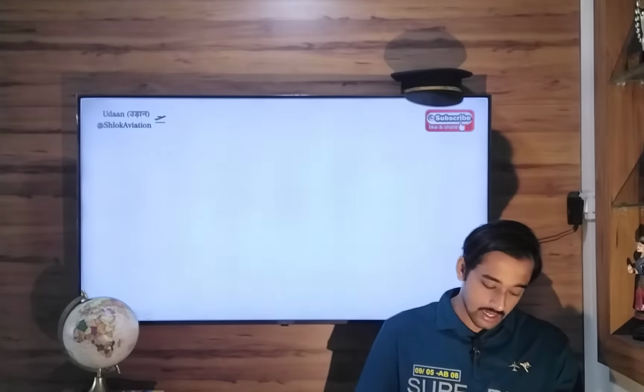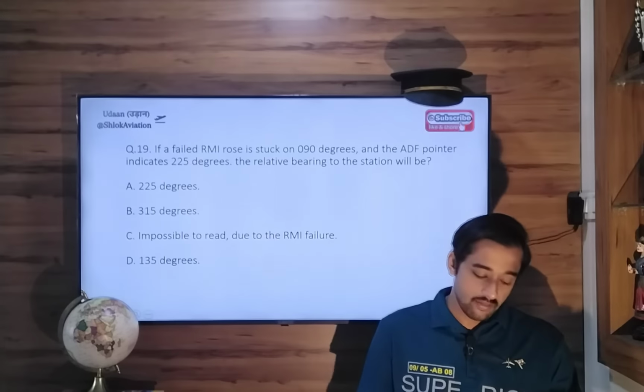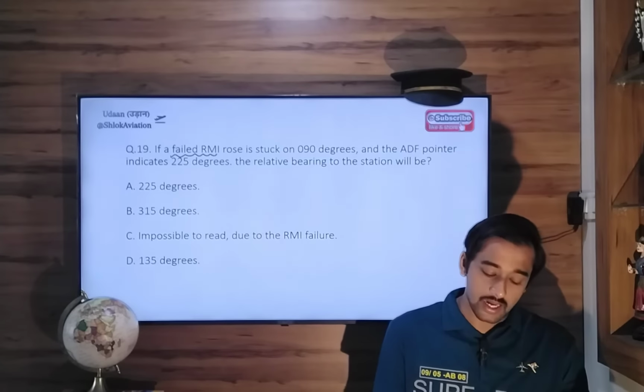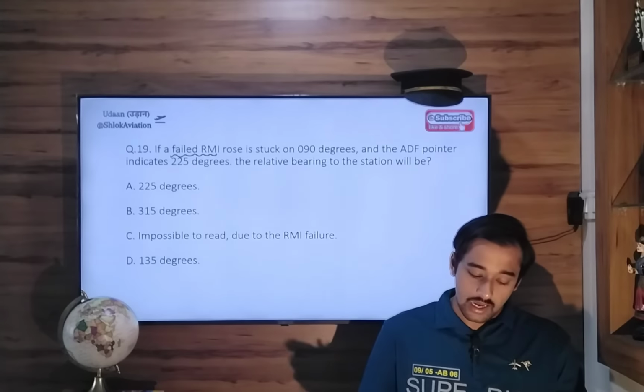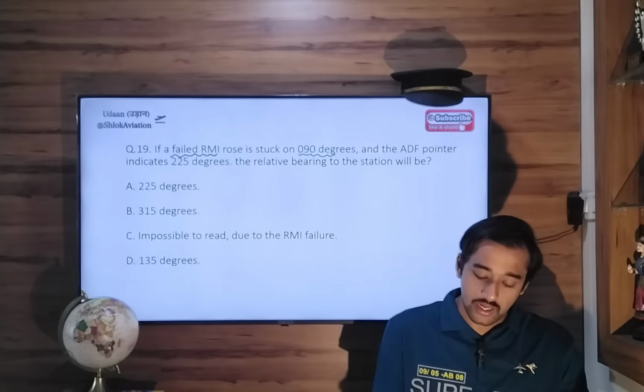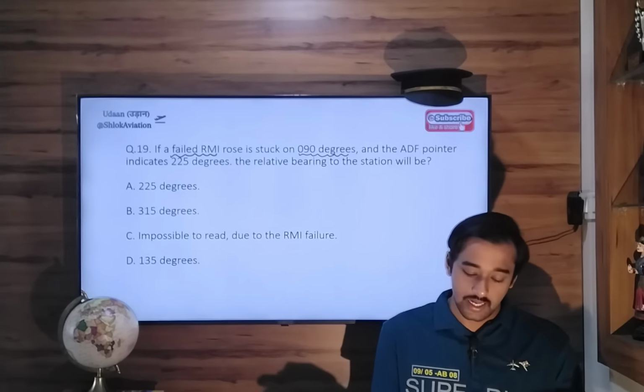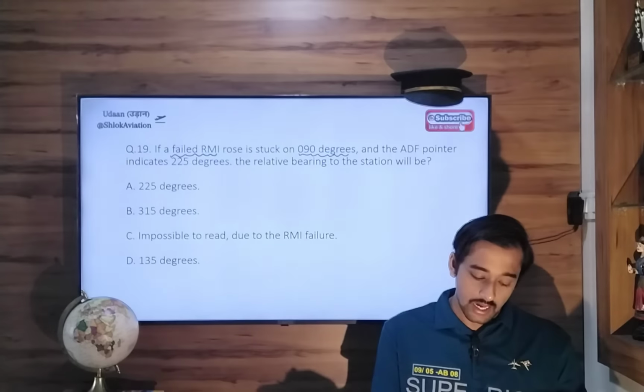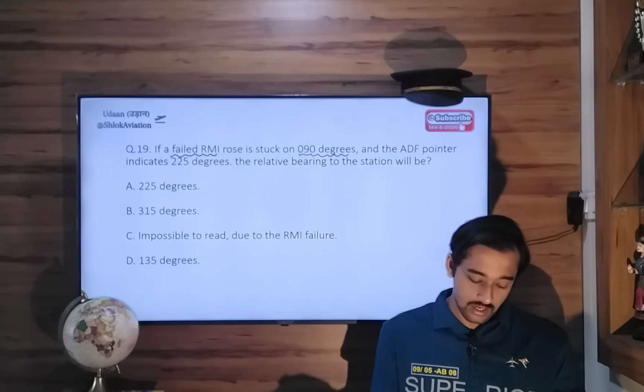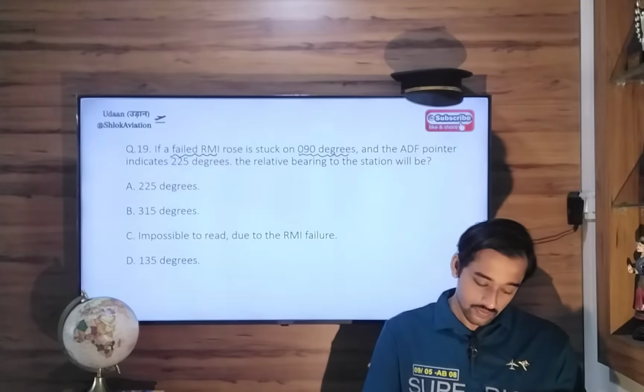Next, question 19. If the RMI, the radio magnetic indicator, has failed and is stuck on 090 degrees, that is your magnetic heading, and the ADF pointer indicates 225 degrees, what will the relative bearing to the station be?